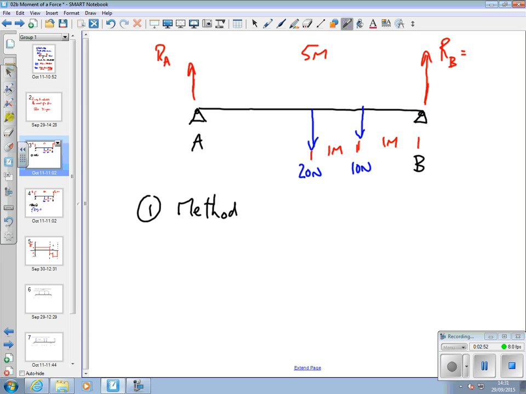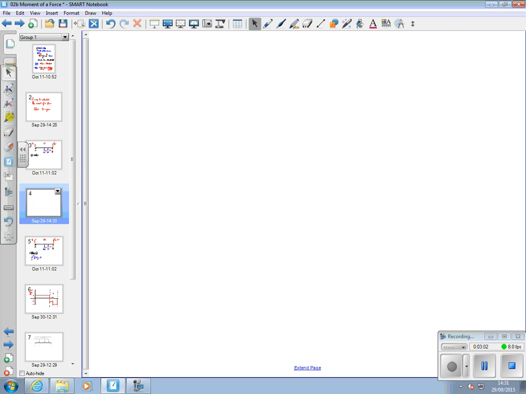Now, a little talk about moments before we continue on. If I take a force acting on something on that point there, then the force, 10 newtons, is the force that I apply on a point.